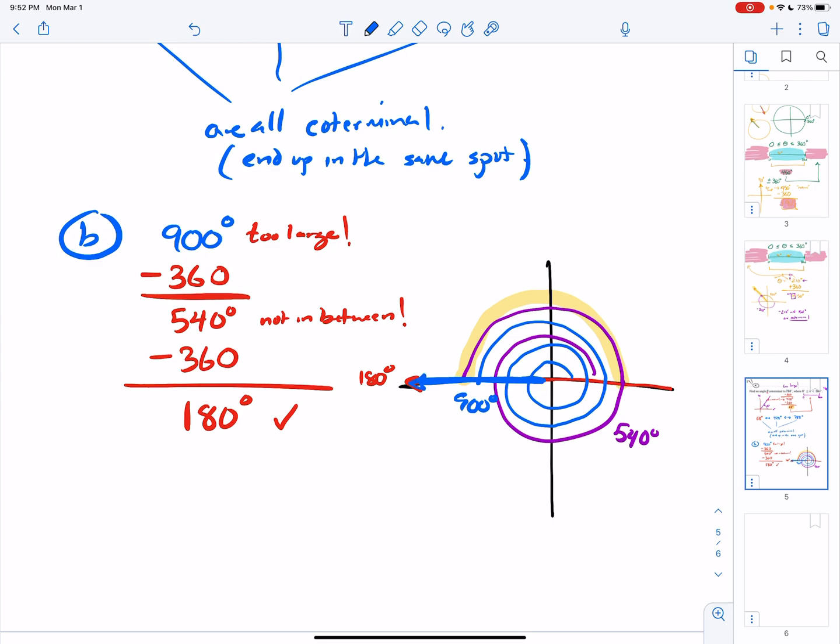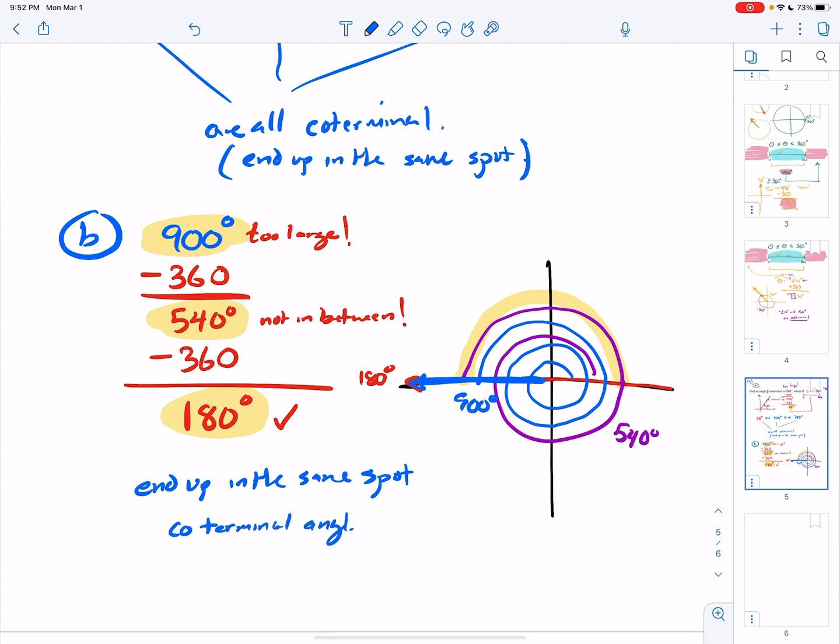They're still facing left. So although these angle values are very different, they end up in the same spot. That's why we call them coterminal angles, because they end up in the same spot.